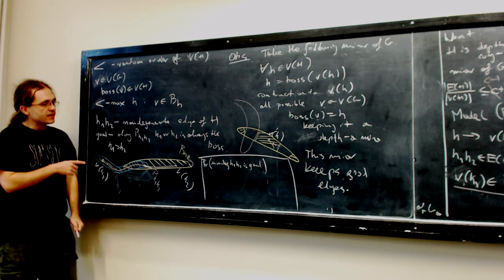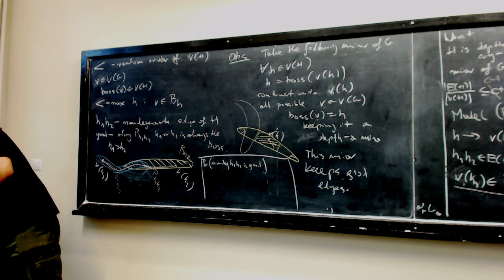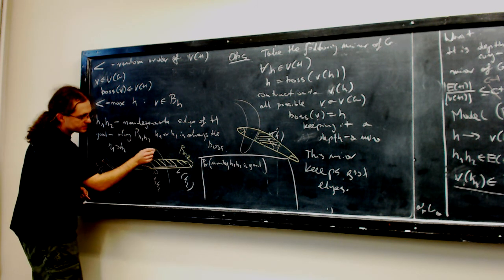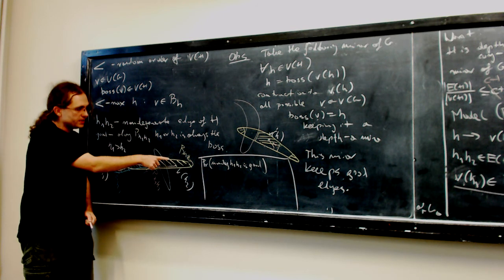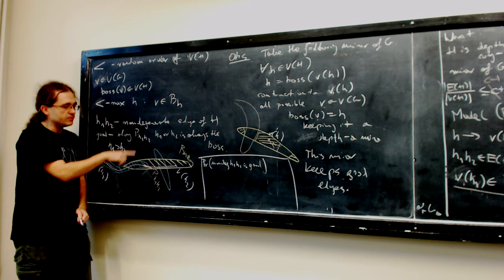And how many other blobs, let me take yet another color, are there? There are some other blobs coming here, and you want all of these blobs to be of lower priority than the orange one and the blue one.